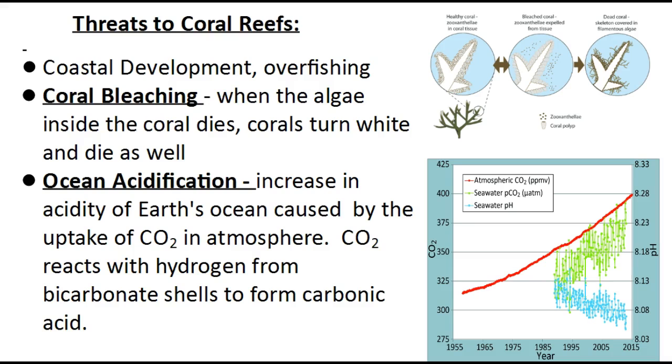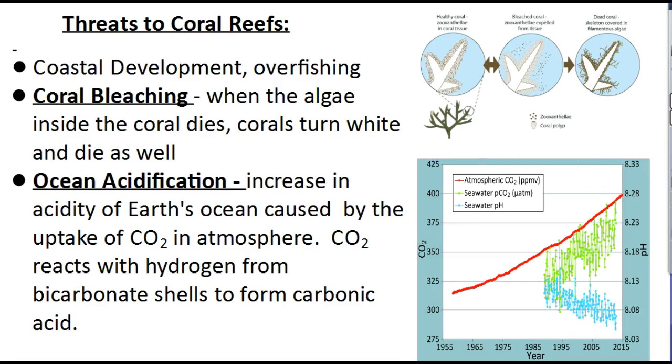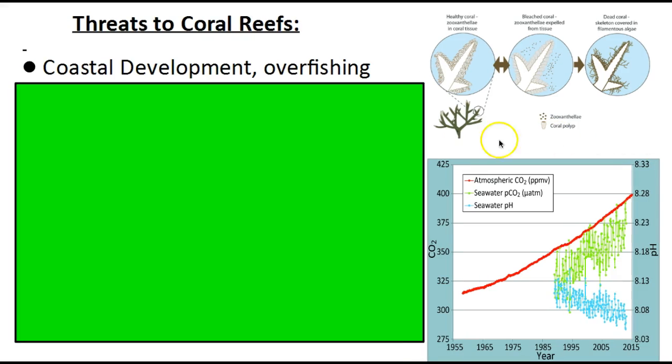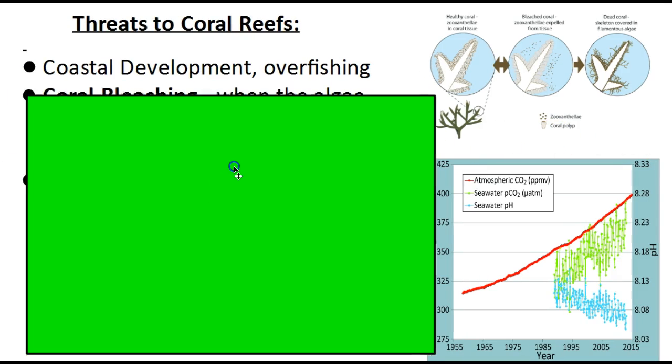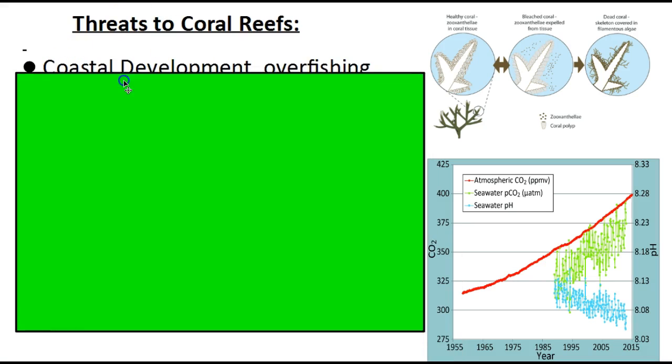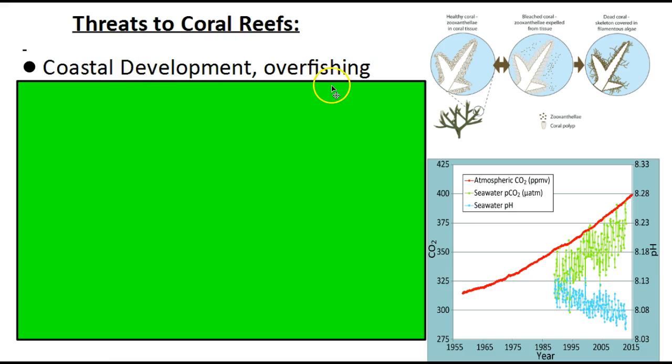So threats to coral reefs, okay? Again, super overwhelming slide. So the biggest threats we have here, you can just write this after that dash mark or at that first bullet point. Threats to coral reefs. So, 2, right here, coastal development and overfishing, right? So development of the coast, that means putting in big all-inclusive resorts or shopping malls or just homes, right?